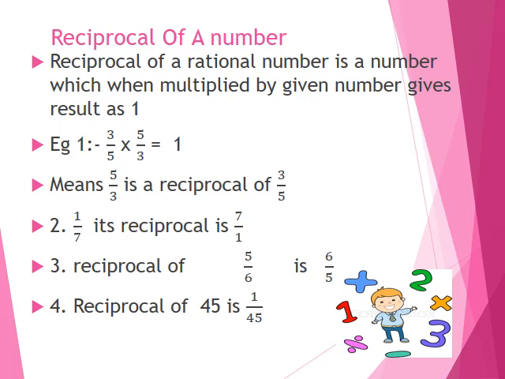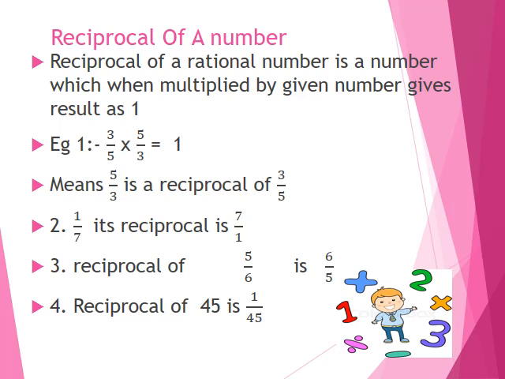The reciprocal of 5 by 6 is, yes, change the numerator to denominator and denominator to numerator, so the reciprocal of 5 by 6 is 6 by 5. The reciprocal of 45, as you all are aware, 45 is nothing but 45 upon 1, so its reciprocal is 1 upon 45. So this is all about the reciprocal.